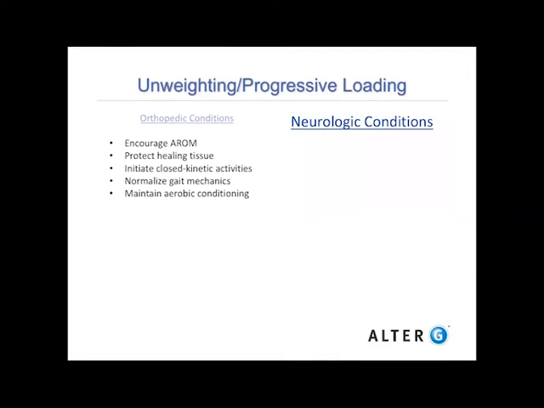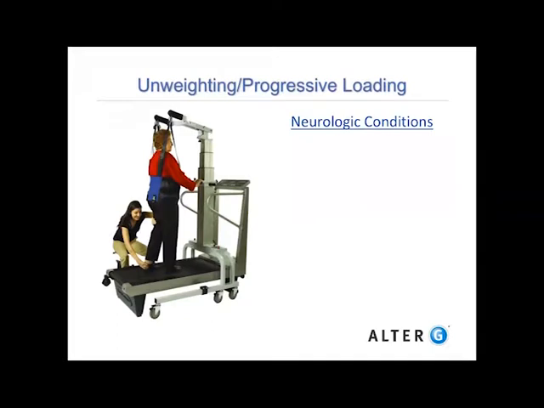Body weight support is also used in neurological conditions. We see this mainly with harnesses over treadmills or over ground to help people with neurological conditions normalize their gait patterns. So these types of body weight support systems can provide static and dynamic standing training. So you can work on reaching, you can work on weight shifting, you can work on pre-gait activities.